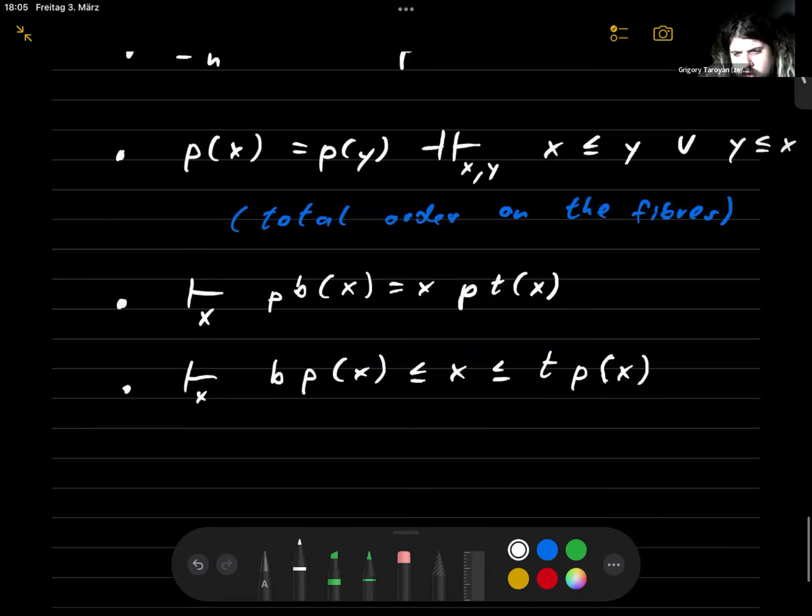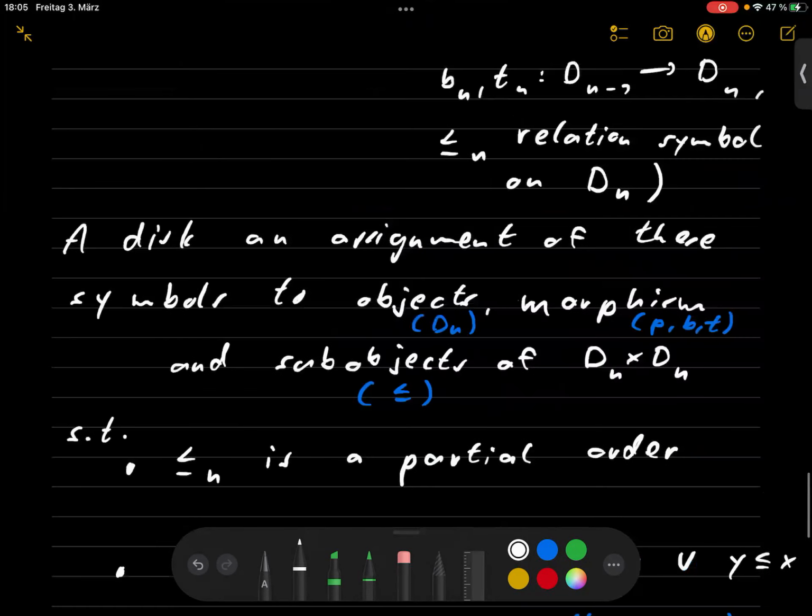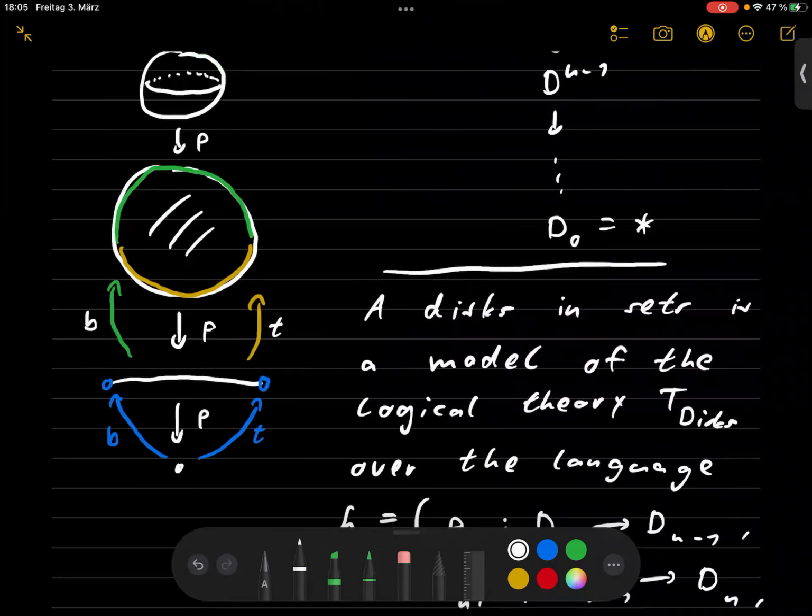Okay. Sorry, so what is XPTX? This means that when we have here, for example, an X, this is X, then the section sends it down to here, which is P of X, and then this would send it back to here, in this case B of the projection of X, or to T of the projection of X. And if now the ordering goes upwards, then you can see that X is, the line is a bit not straight, but whatever.